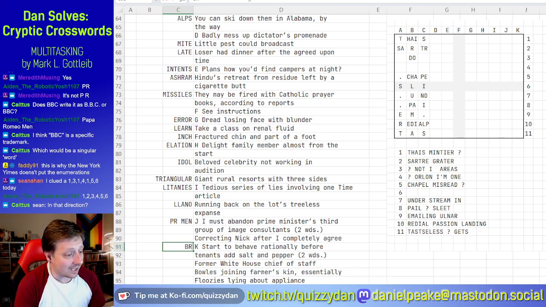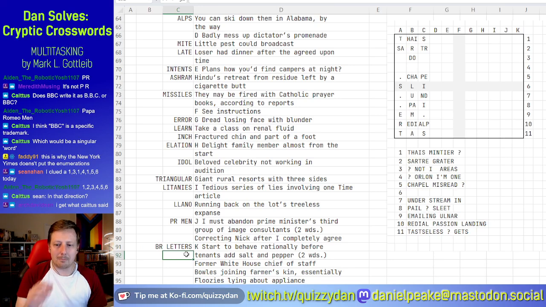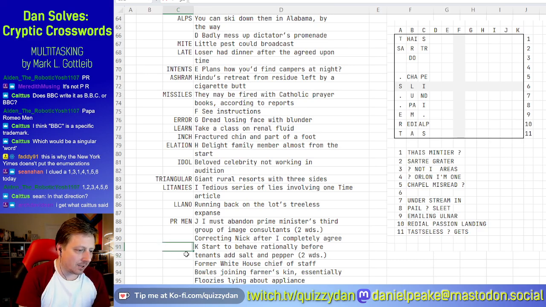I mean, letters. Hang on, they're letters, aren't they? Start to behave rationally, sanely, before tenants. Add salt and pepper. Come back to that one.